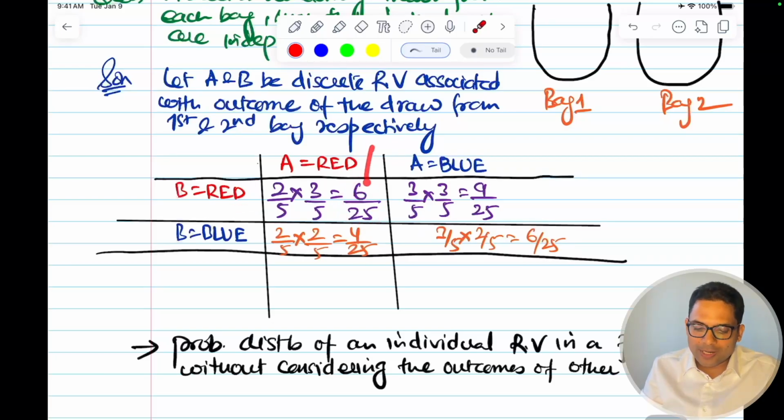And the probability of drawing a red ball in the first draw and a blue ball in the second draw is 4 by 25. Now if I ask you, given this information, I have only this information, what is the probability of getting a red ball in the first draw? You have the information in this cell. How do we do that?